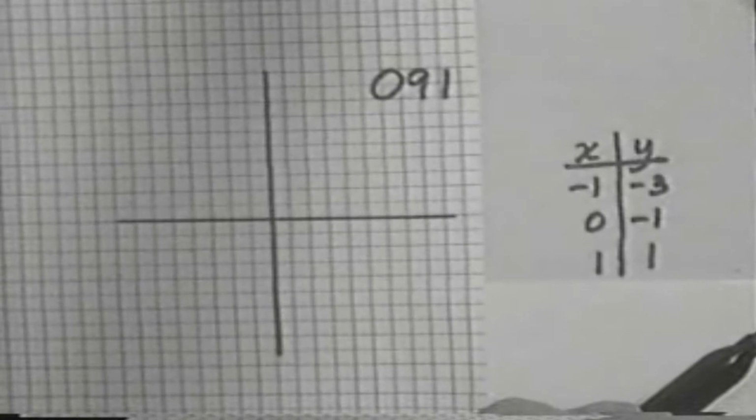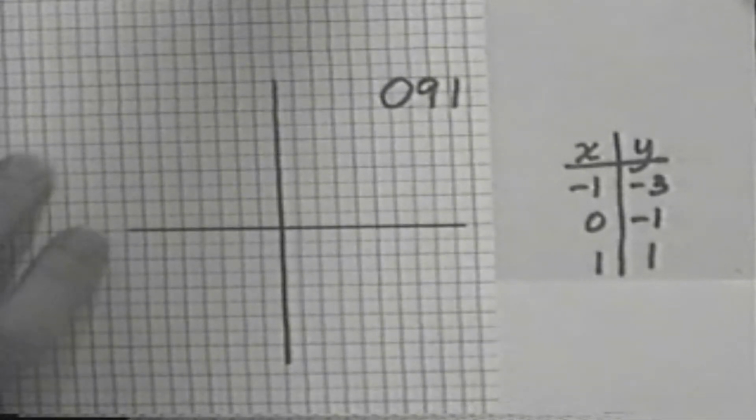So for our first equation, 2x minus y equals 1, this becomes y equals 2x minus 1, and we have ordered pairs -1, -3; 0, -1; and 1, 1. So let's take a look at the graph for this one.